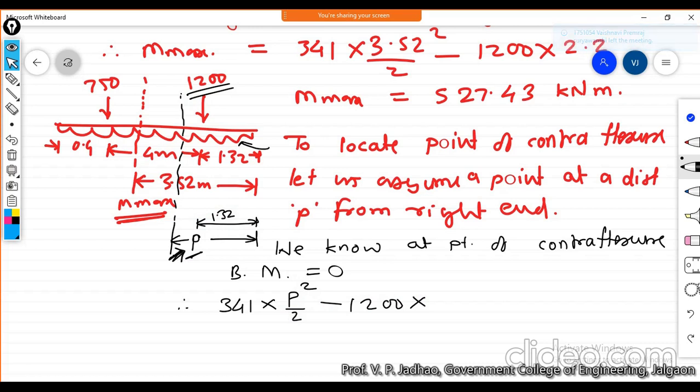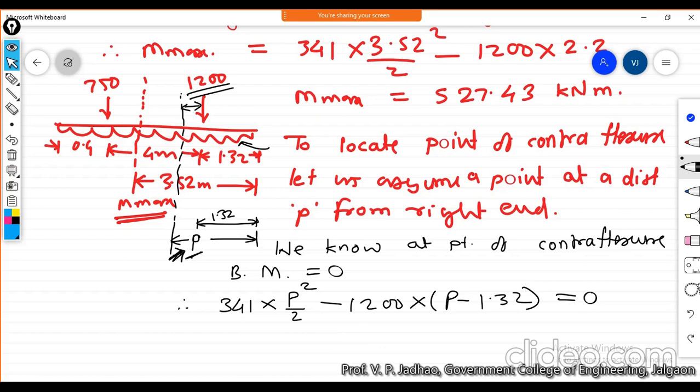And we want this particular distance, so it will be equal to small p minus 1.32. So this is equal to 0. Why 0? Because we are considering that at this location the bending moment is 0, that is, this is the point of contraflexure. So we get this value p.